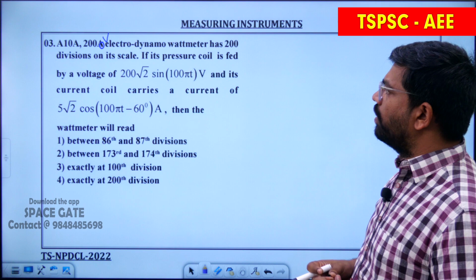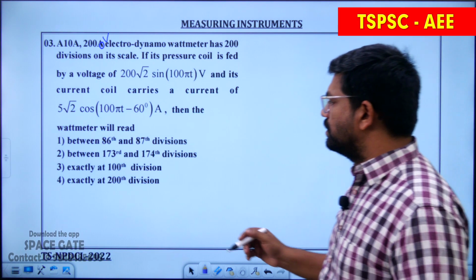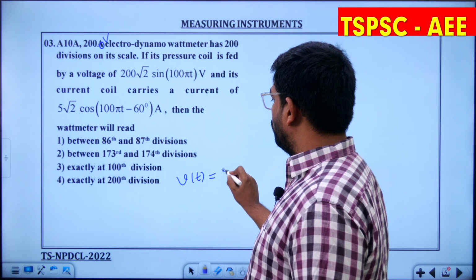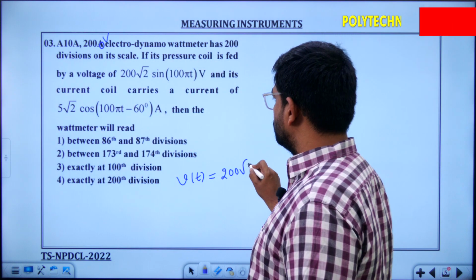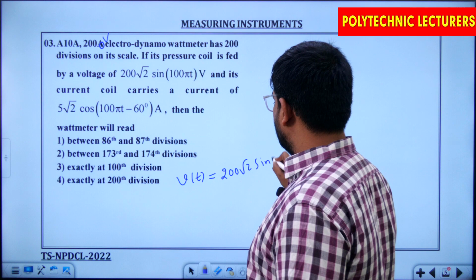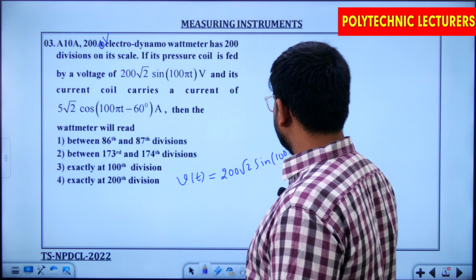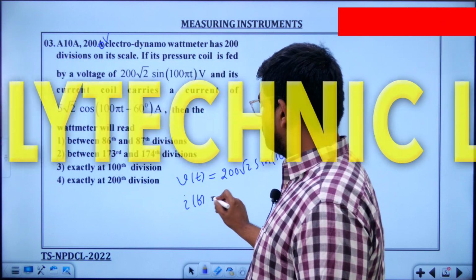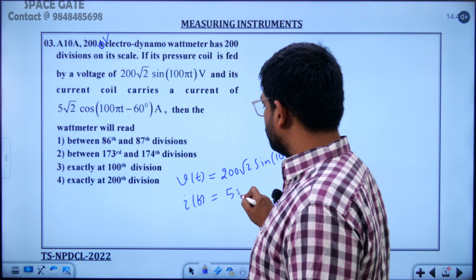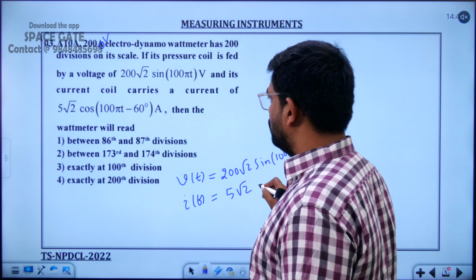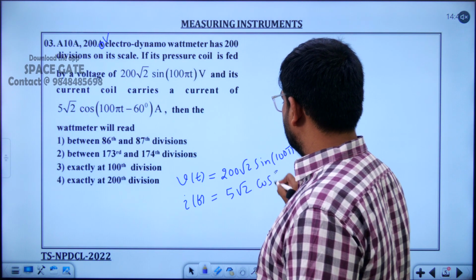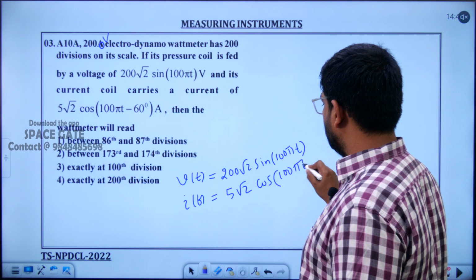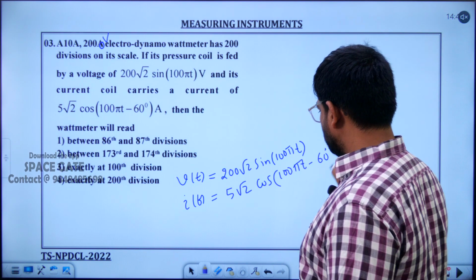If its pressure coil is fed with, look here, the pressure coil is applied with voltage 200 root 2 sine 100 pi t, whereas the current coil has 5 root 2 cos, right or not, 100 pi t minus 60.